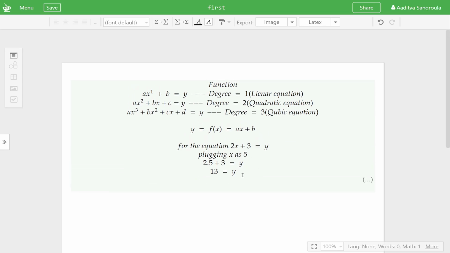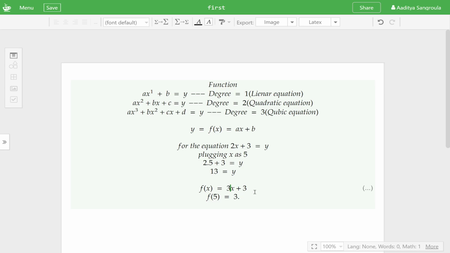Next, if we do the same, we know that y is equal to f of x, and f of x equals 2x plus 3. Now, in order to plug in x as 5, we write f of 5, because x has been replaced by 5 in the entire equation.